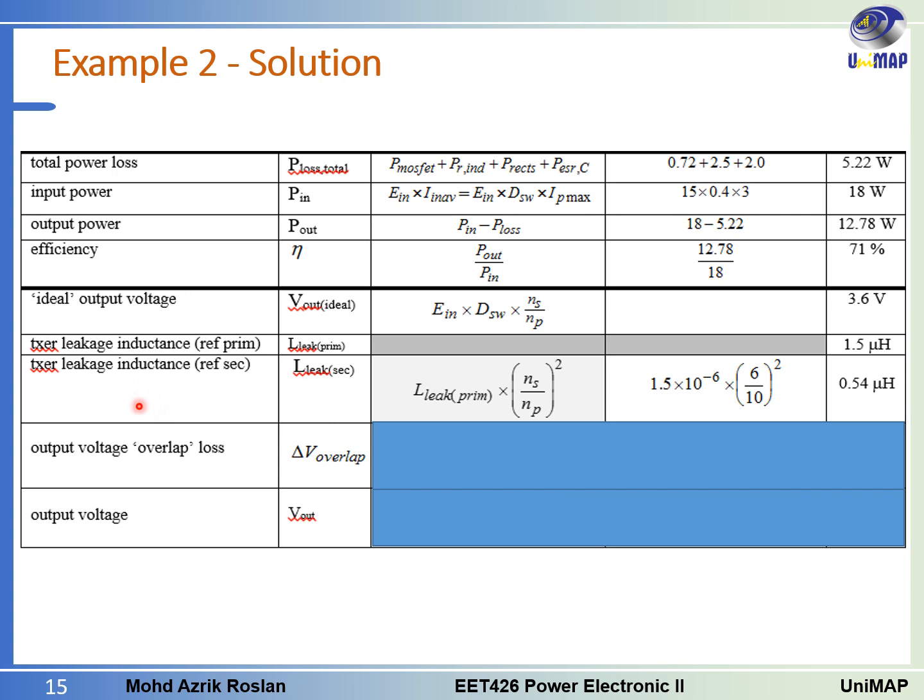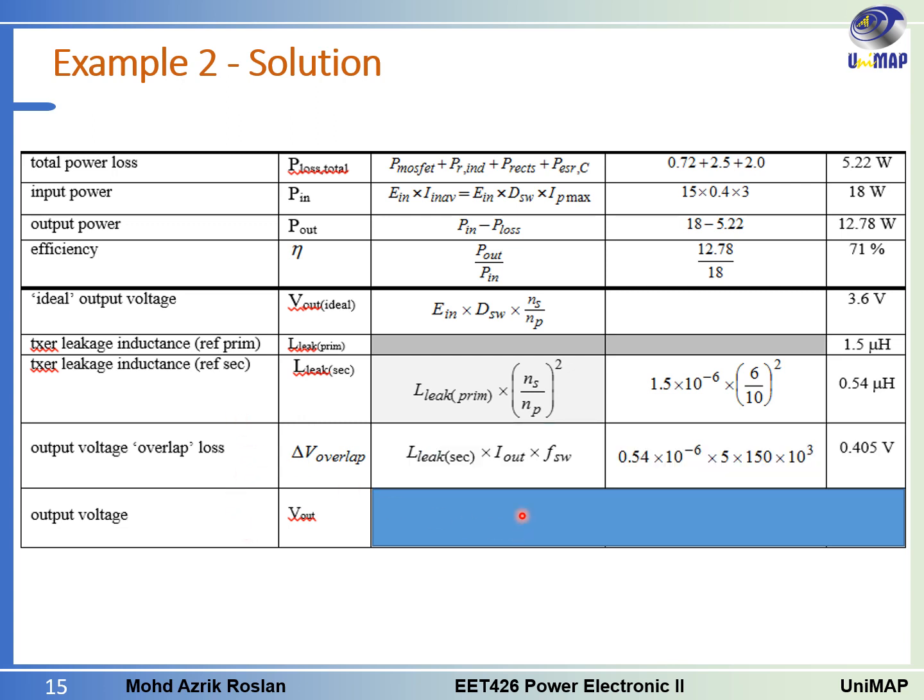So remember that I mentioned earlier in this example that the value that has been given is the L leakage referred to the primary. So you have to find the leakage inductance referred to the secondary. To do that, you have to multiply by NS over NP squared. When you solve this equation, you will get 0.54 microhenry.